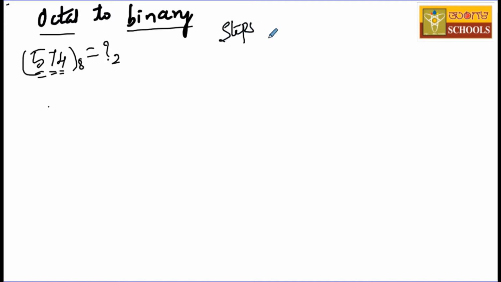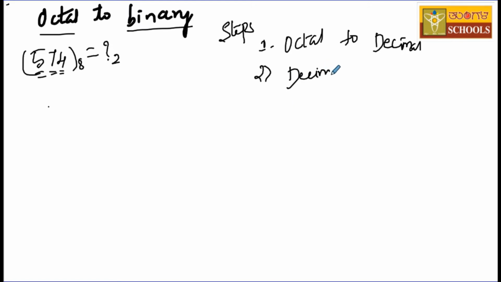First we need to convert the octal number into its equivalent decimal, then convert the decimal number to binary as we discussed before. These are the two steps required to convert any octal number into its equivalent binary number.